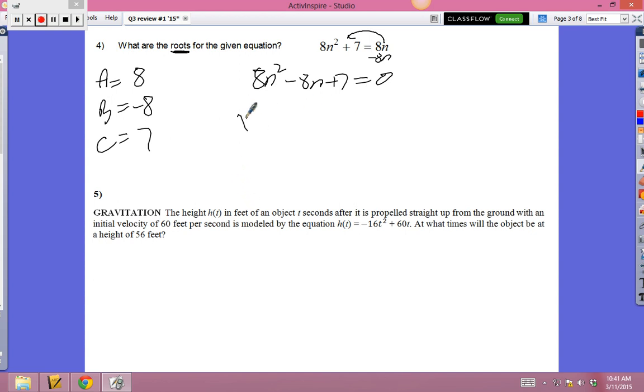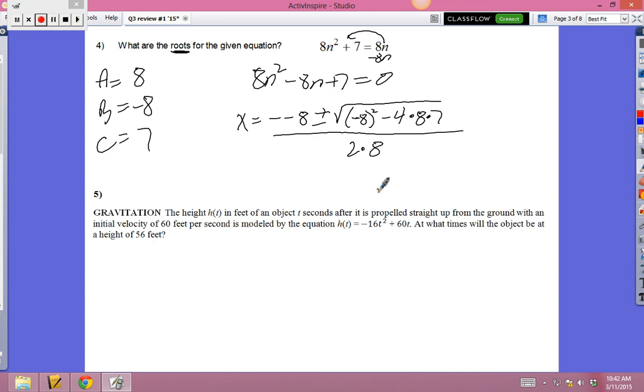Okay, so x equals negative b, negative 8, plus or minus the square root of negative 8 squared minus 4 times a times c, all over 2a, so all over 2 times 8. So I'm going to clean this up on the calculator to see what that is.